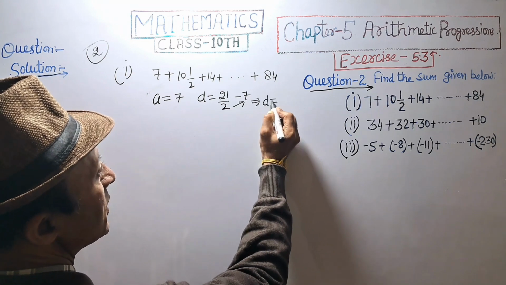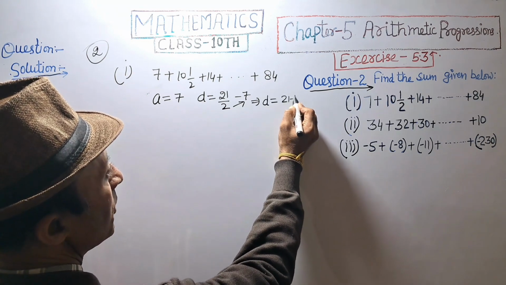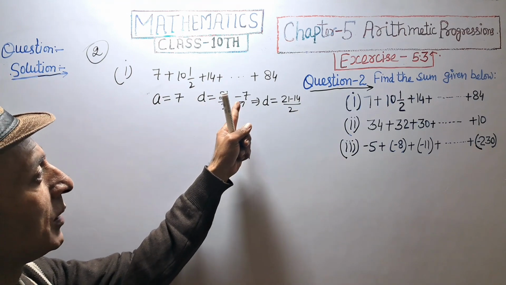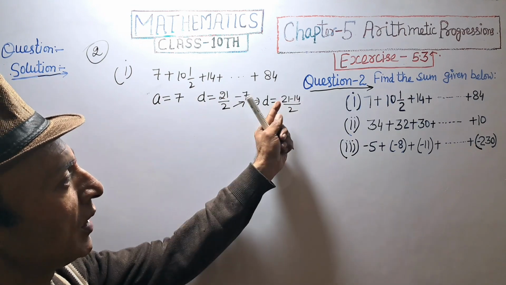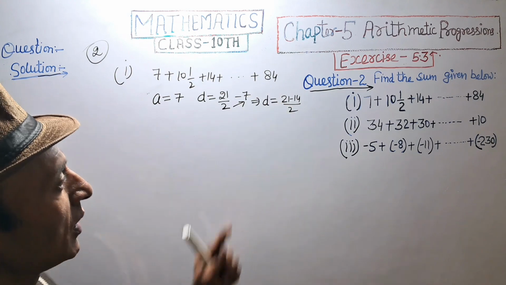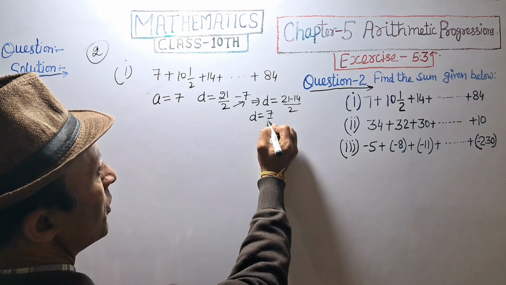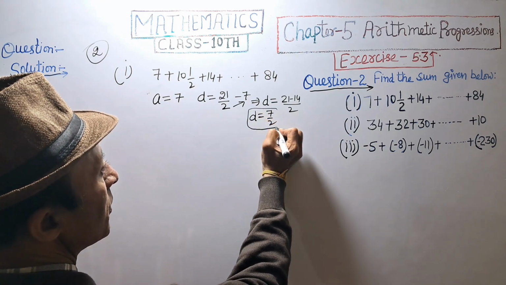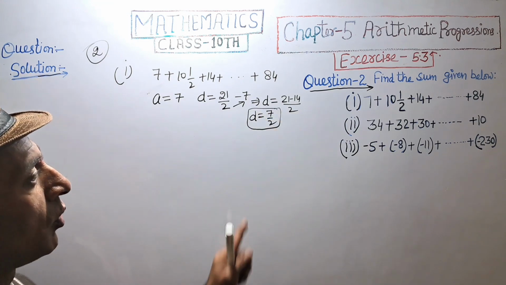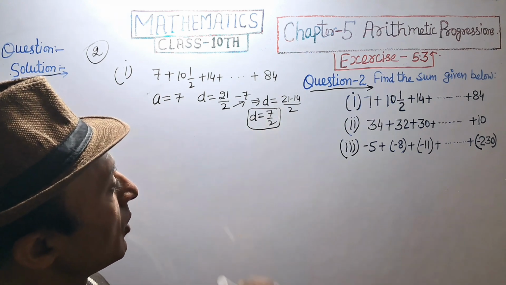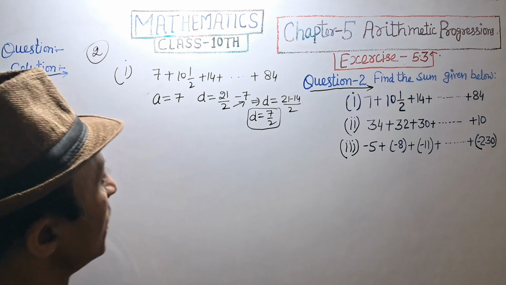Common difference D is equal to (21 minus 14) divided by 2. 2 multiplied by 7 is equal to 14. 21 minus 14, D is equal to 7 upon 2. We have the common difference 7 upon 2.